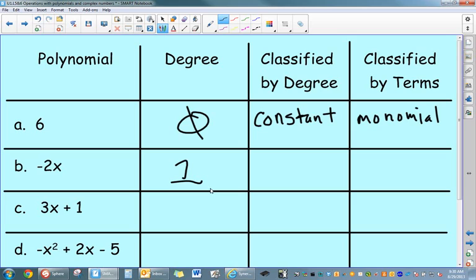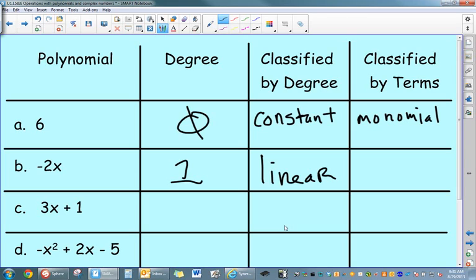This year we're going to study quadratic, next year cubic. Your eighth grade year, what kind of equations did you study? Linear, yes, linear. All right, and classify it by its terms. There's one term.